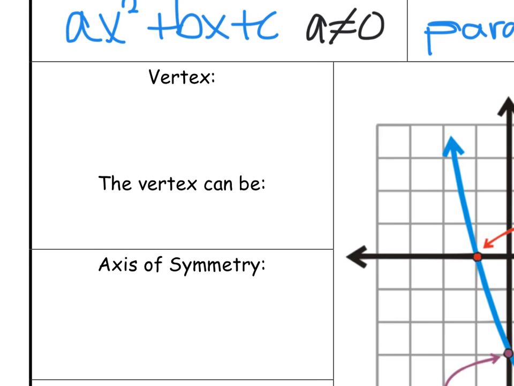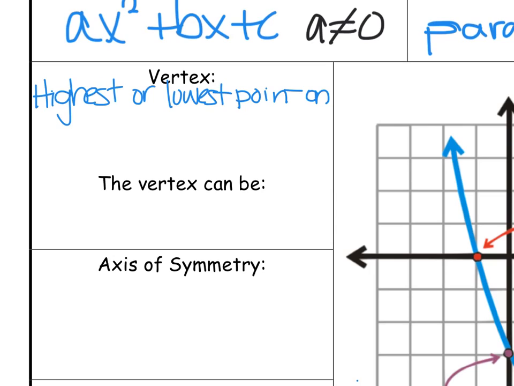I made this a little bigger so I can write it. So the vertex is the highest or the lowest point on the parabola. And it's also called the turning point.